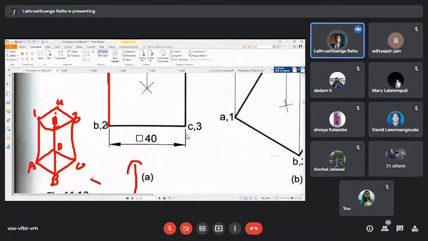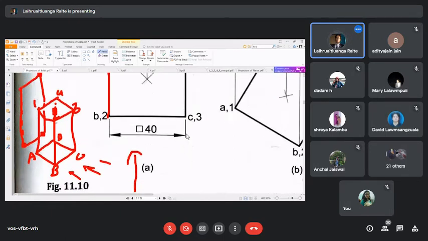So if we look from the front, we are going to have a front view. A and B is going to fall in one point, right? Because it is directly perpendicular. And D and C are also going to fall in one point. Same goes for 1 and 2 and 3 and 4. So we are going to have the front view as a plane, a simple plane like this.